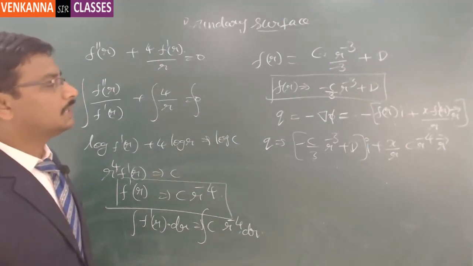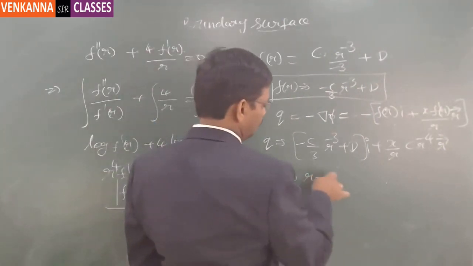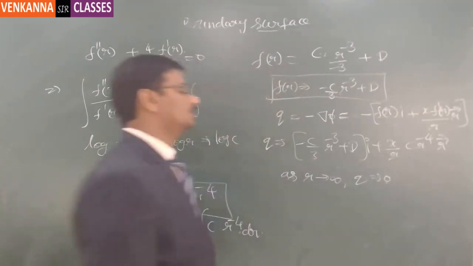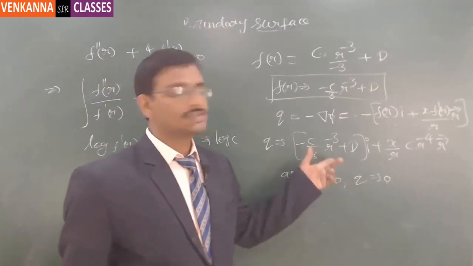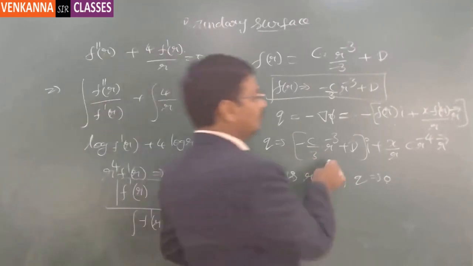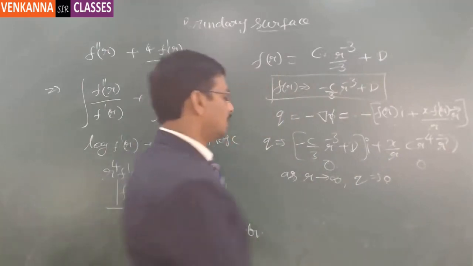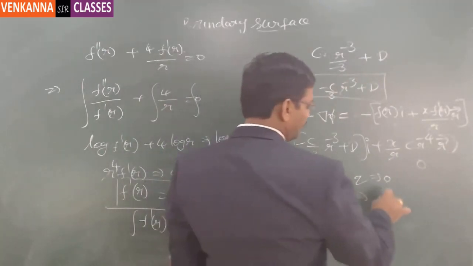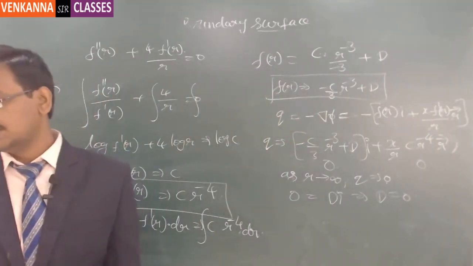Right? So there is one condition: as r tends to infinity, q tends to 0. If you substitute that condition here, with r equal to infinity, this part will be 0 and this part will be 0. If these two parts are 0, then what is left over is q equal to 0 for d, which implies d equal to 0. So this is the initial condition.